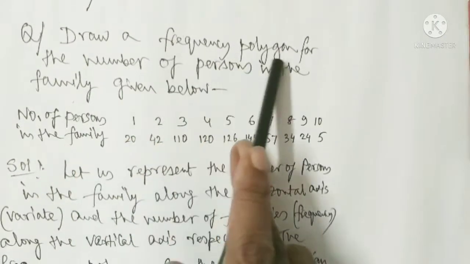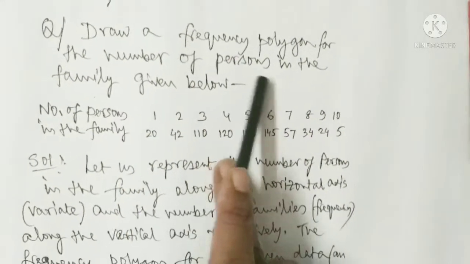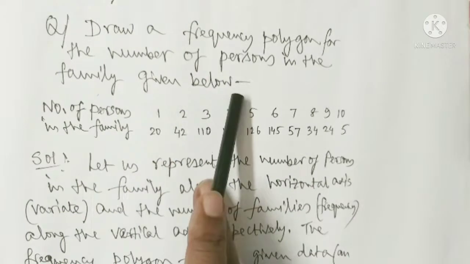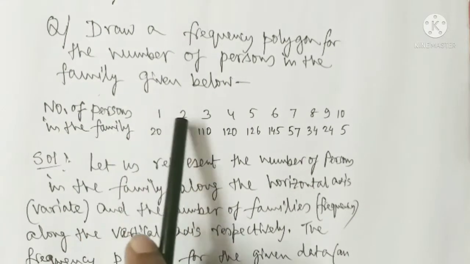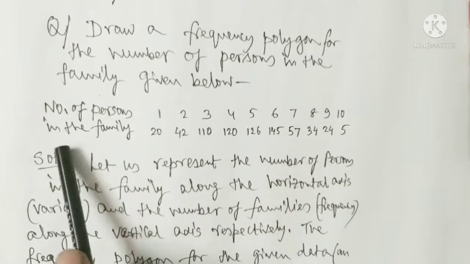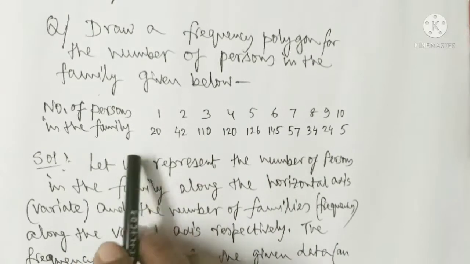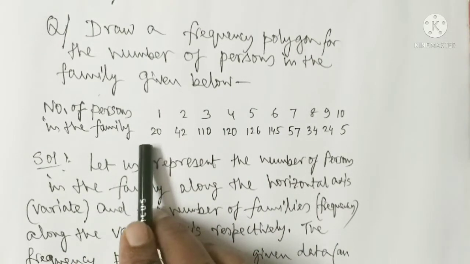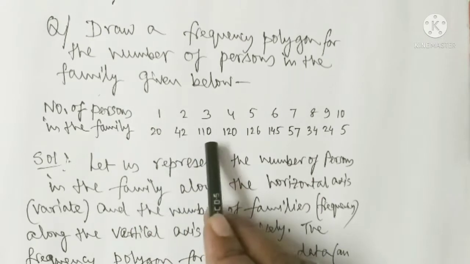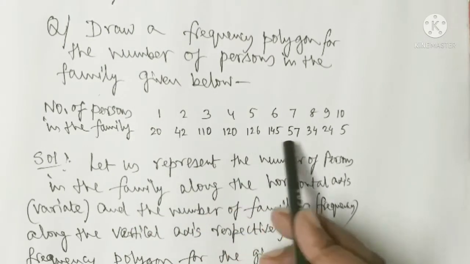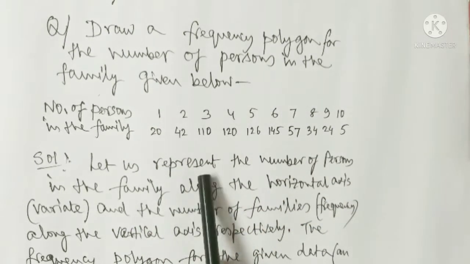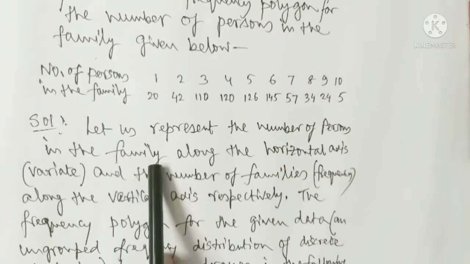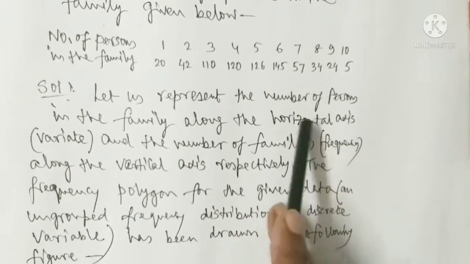Draw a frequency polygon for the number of persons in the family given below. This is the problem: number of persons 1, 2, 3, 4, 5, 6 up to 10 in the family, with number of families 20, 42, 110, 120 and so on. Let us represent the number of persons in the family along the horizontal axis.